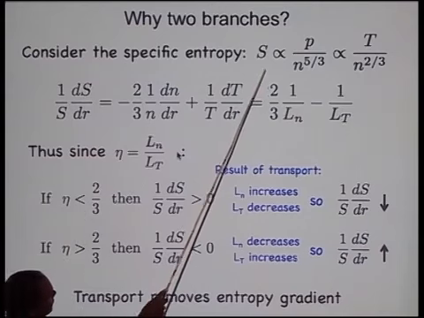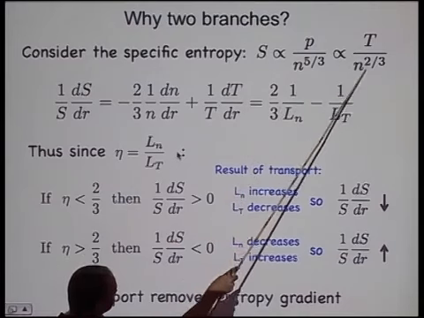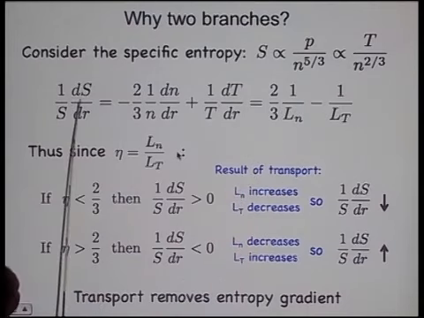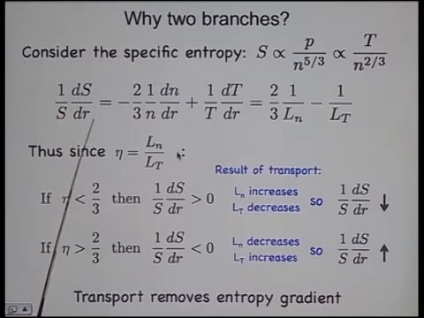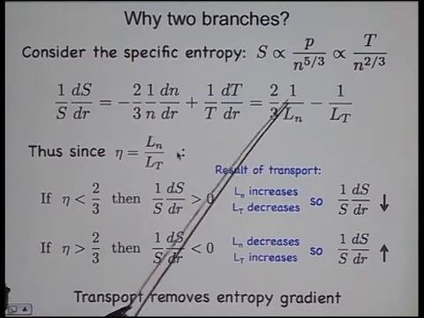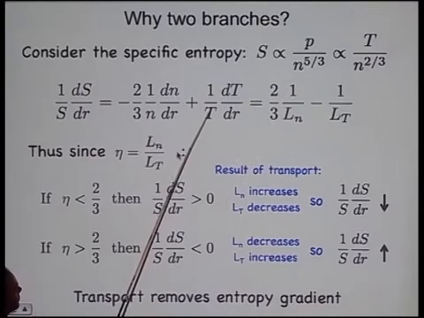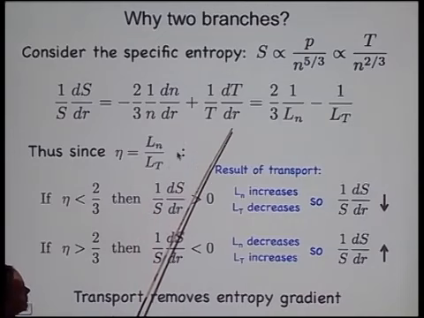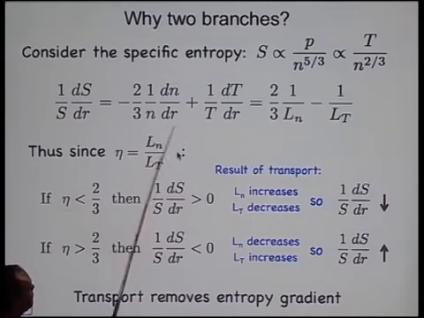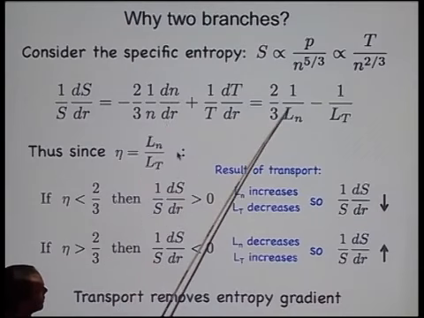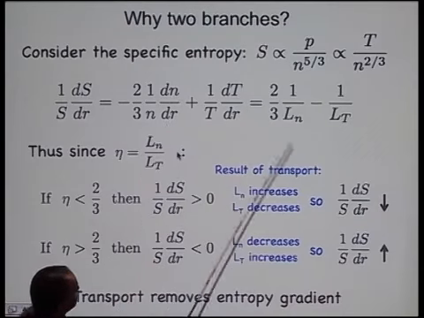So suppose we write the entropy like this, T over n to the 2/3. And now you compute the gradient of the entropy. There's, of course, obviously the density term here with the 2/3 and the temperature term. The radial gradients are both negative, so I'm going to replace this by minus 1/L_n and this by minus 1/L_T. So this is equal to this.